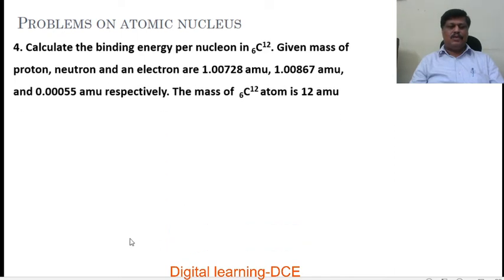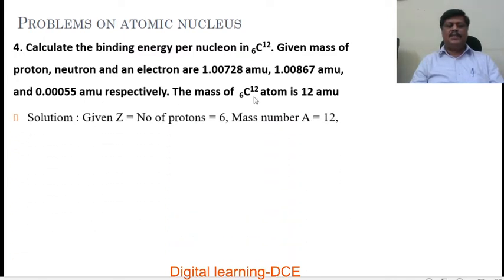Problem number 4. Calculate the binding energy per nucleon, that is specific binding energy, in 6-carbon-12, given mass of proton, neutron and an electron are 1.00728 AMU, 1.00867 AMU and 0.00055 AMU respectively. The mass of 6-carbon-12 atom is 12 AMU. So here they have given mass of the atom.